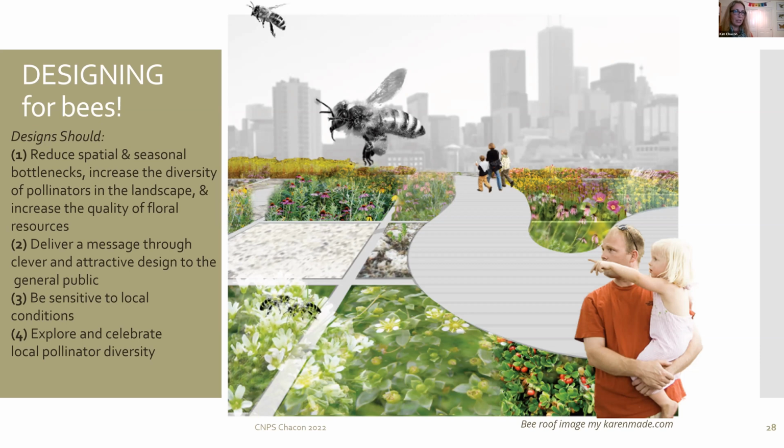Number two, design should have a message. They should deliver a message so that it's clever, so it's attractive, so that the public doesn't just look at that field and think, oh, look at that ugly field of weeds. There needs to be some type of interface to help people have more landscape literacy about what they're looking at. I think that design should be local in nature.